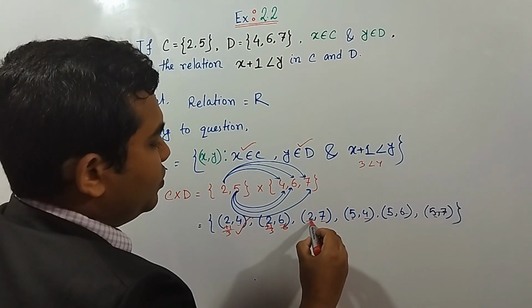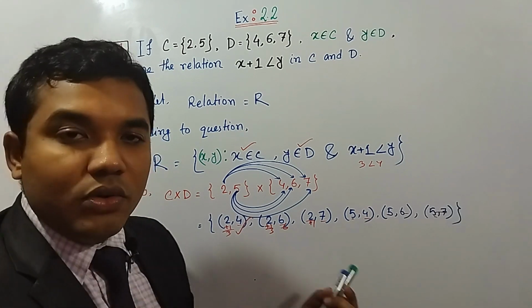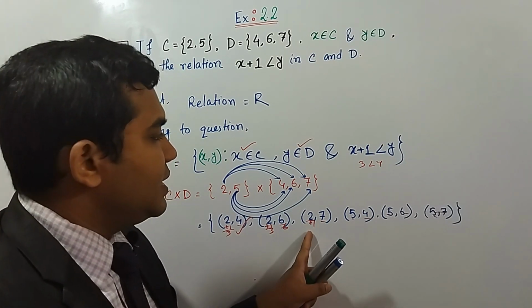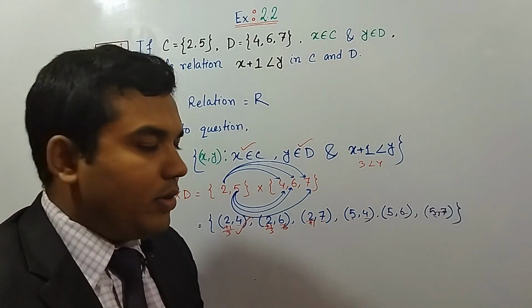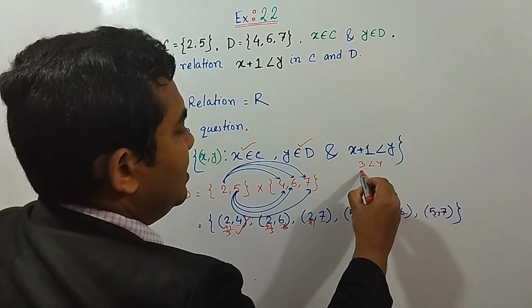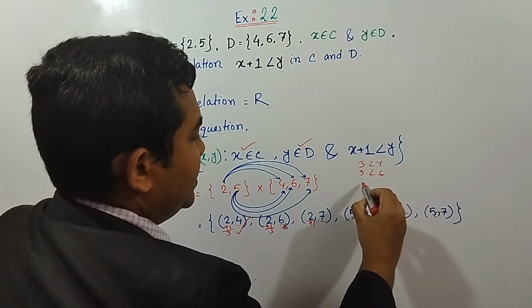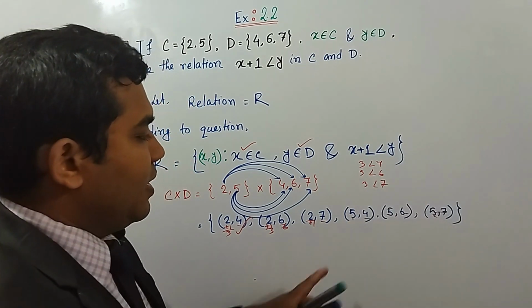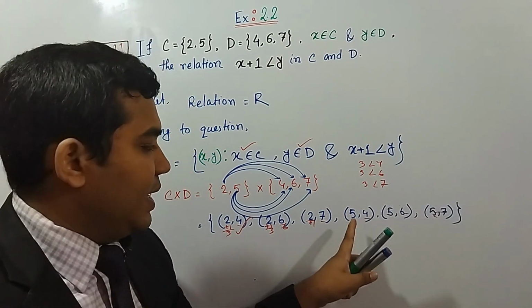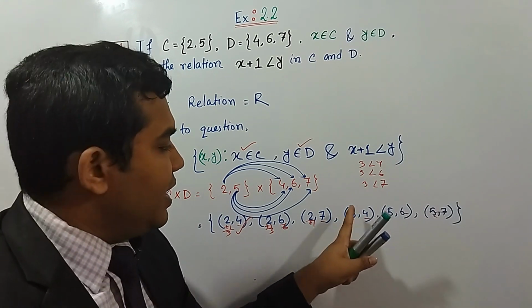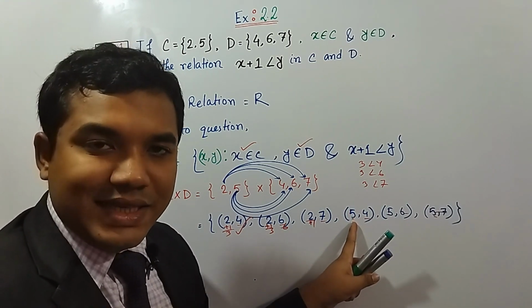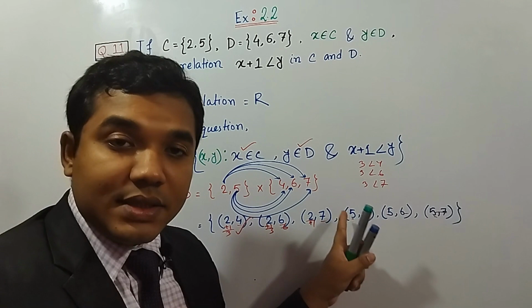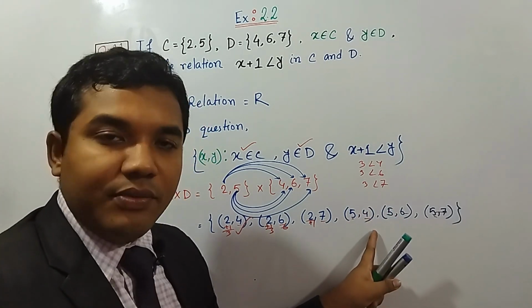Here 2 + 1 = 3, and 3 is less than 7, so this is also countable. Now for 5, if we add 5 + 1 = 6, is 6 less than 4?